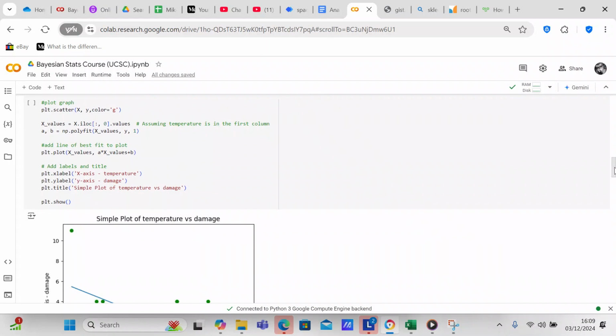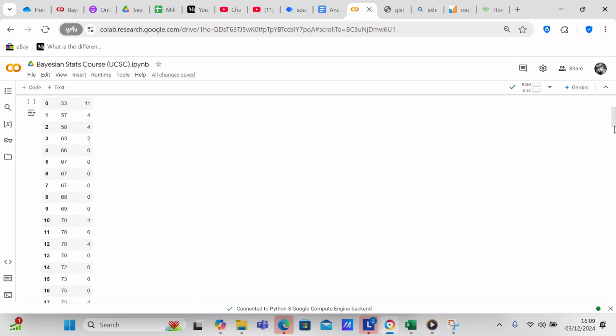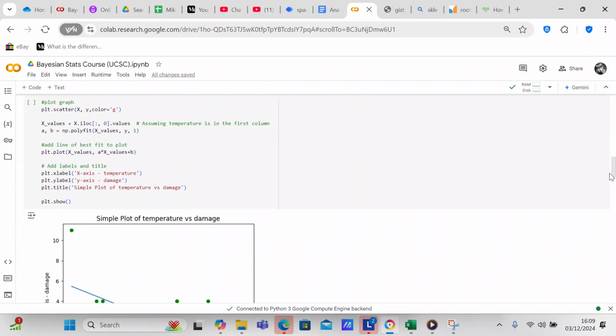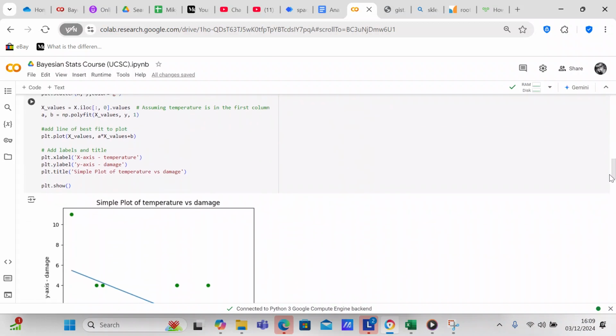Temperature is in the first column, so that's good. And then AB equals np.polyfit X values, Y1. Polyfit is a NumPy function, and that's what gives you your straight line.